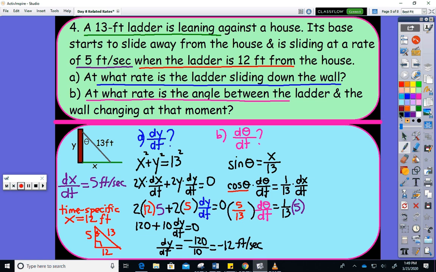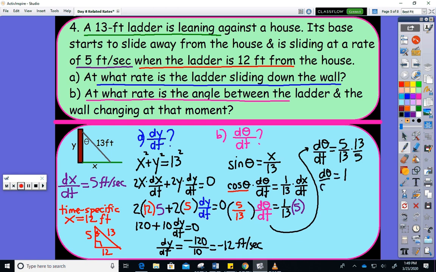So I'm sure that you all can see that d theta/dt is going to be 5/13. That's the 1/13 times 5 on the right. And do you see that if I multiply both sides by the reciprocal 13/5, that's giving me 1.